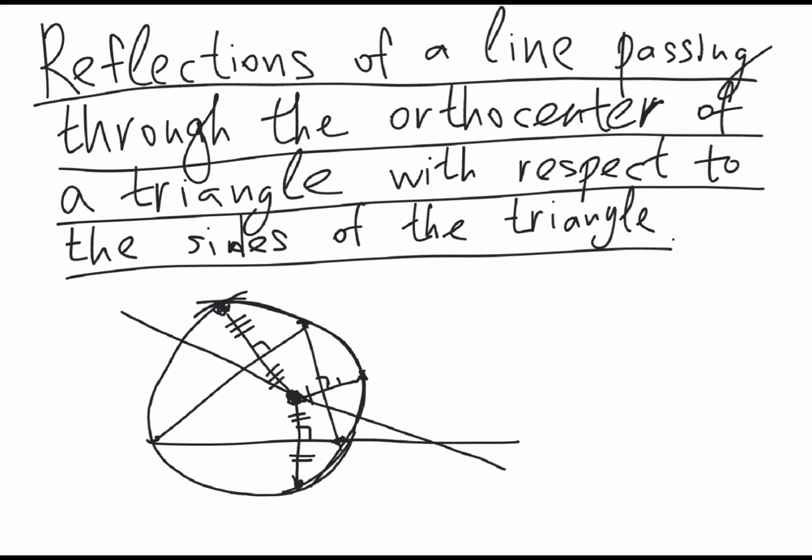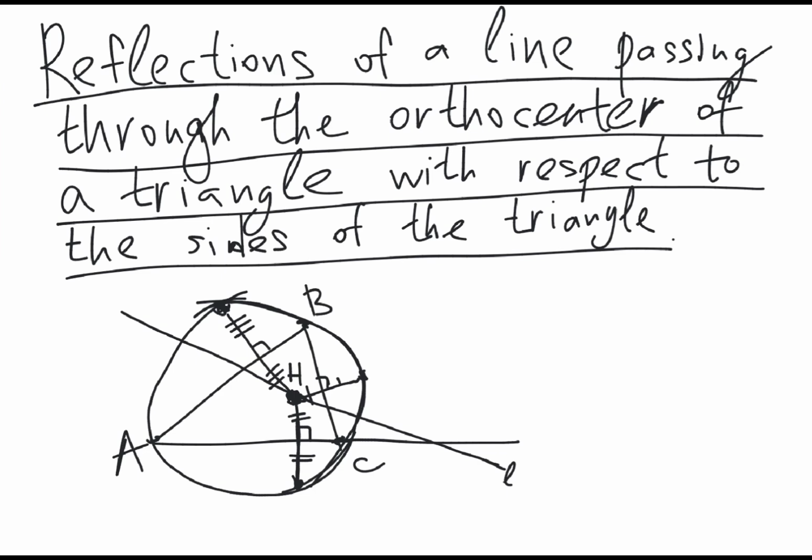How do we construct the reflections of a line? Let's call this line L, an arbitrary line that passes through the orthocenter. Let's denote the triangle ABC. The orthocenter is H.